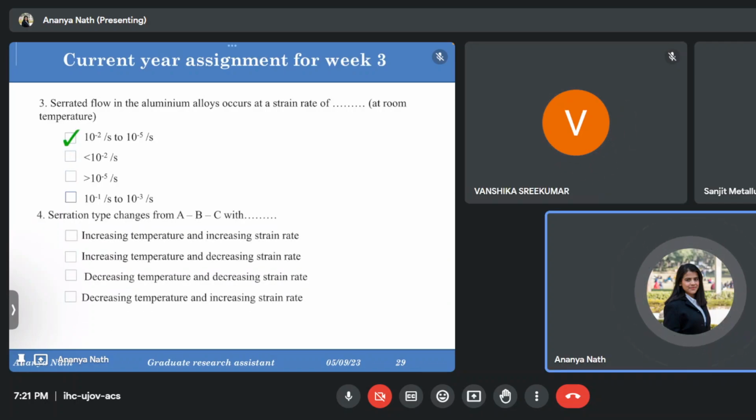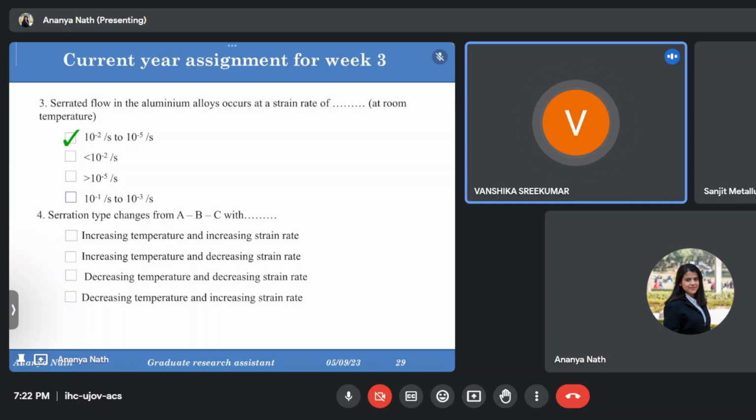Next is serration types change from A to B to C with, anyone? Any guess? Is it increasing temperature and decreasing strain rate?